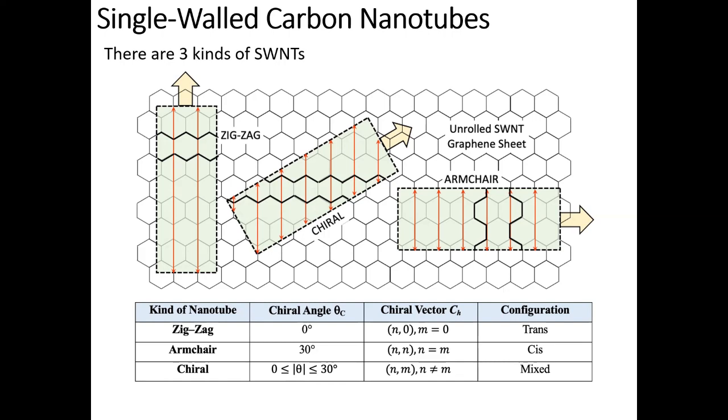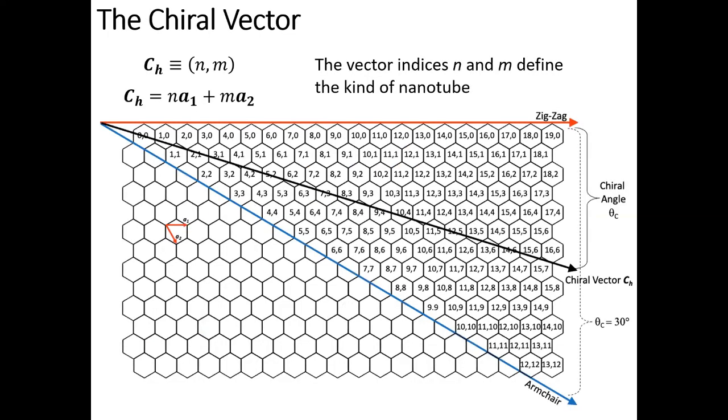The chiral vector of the nanotube is defined by this vector, Ch equals (n, m). Two indices define the nanotube. Running out of time. I'm not going to make it, 4 more minutes. Okay. Just like any vector is defined by the two basis vectors, A1 and A2, the two indices n and m define it. And that's actually going to be the circumference of the nanotube.